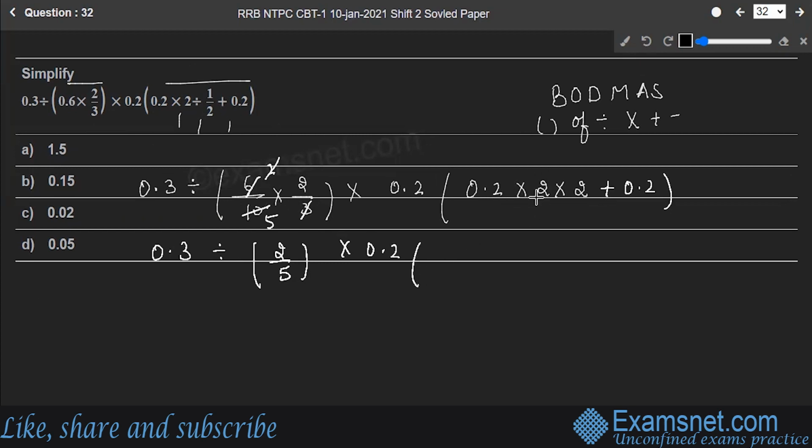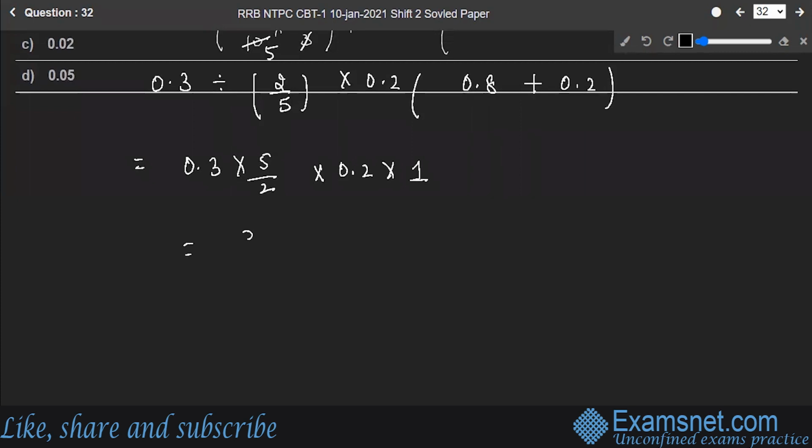So 0.2 into 2 into 2, this will give you 0.8 plus 0.02, which will be 0.3 multiply 5 by 2 multiply 0.2 multiply 1.